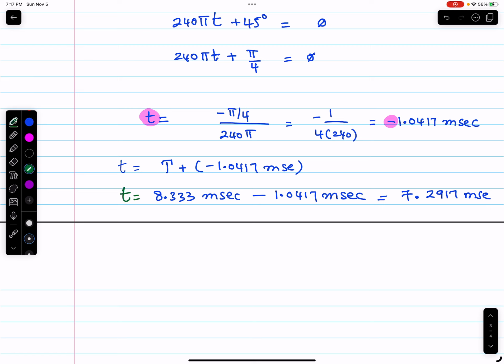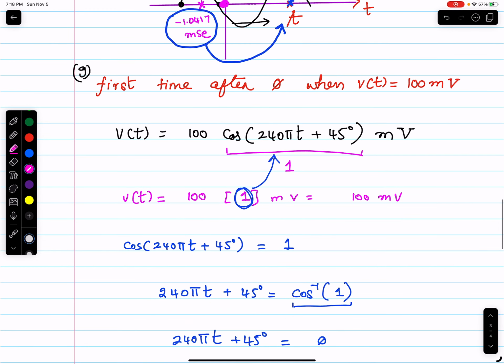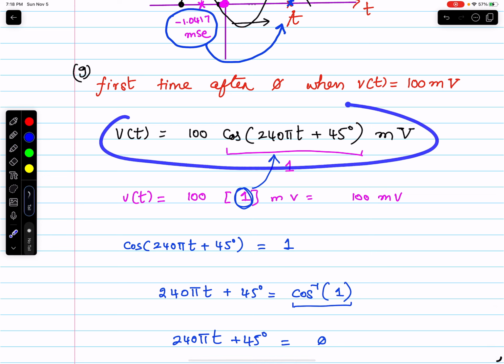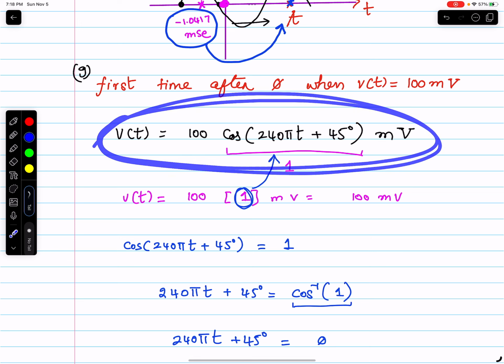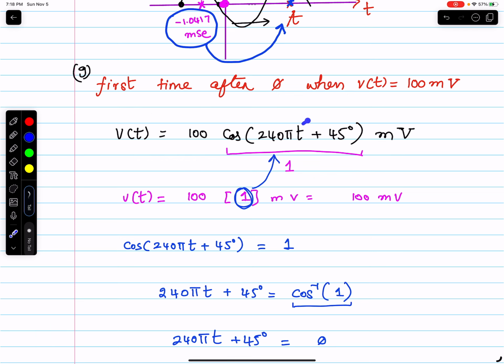This is the time when the value of v of t becomes 100 millivolts. If you don't trust me, plug that 7.2917 number into this t and calculate the value.